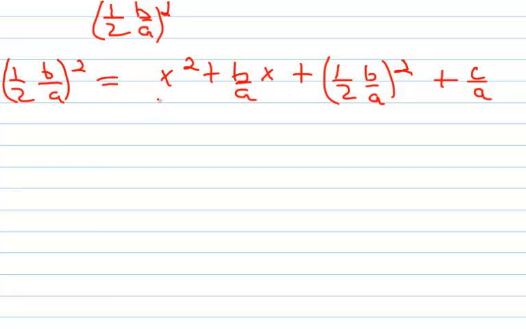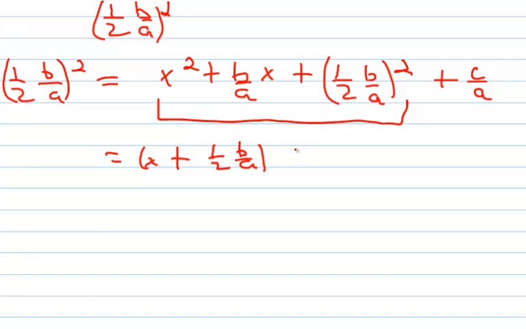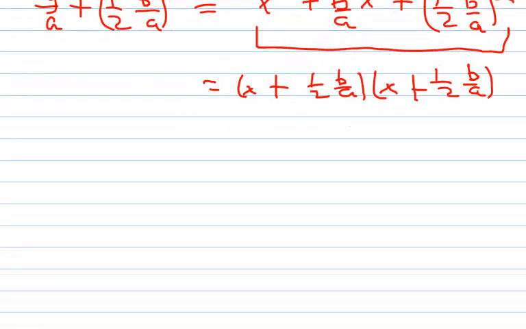The reason we do that, remember, is so that we can factor this into a perfect square. So that factors into x plus 1/2 b over a, and another x, so x times x gives our x squared, plus, to get the 1/2 b over a squared, we would need this to be 1/2 b over a, and then plus c over a.